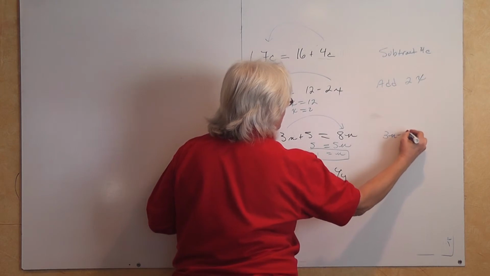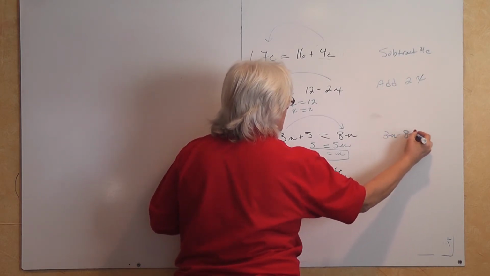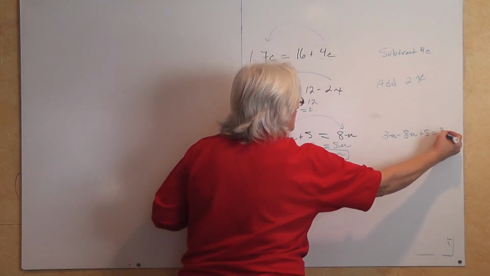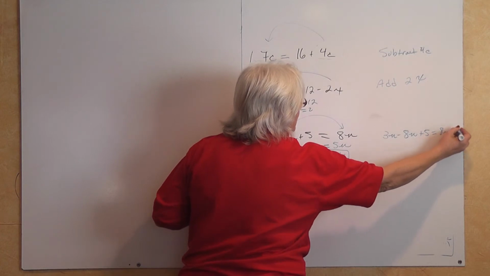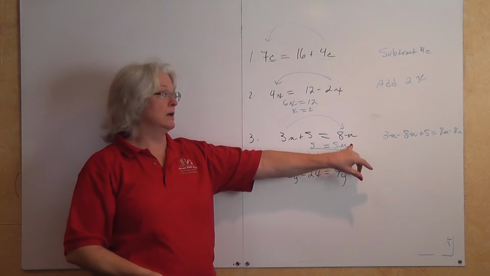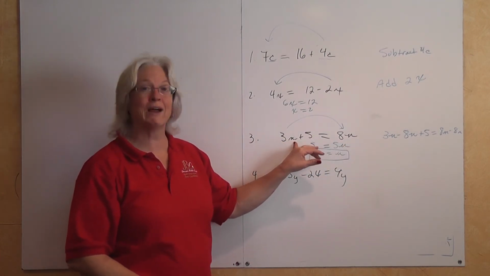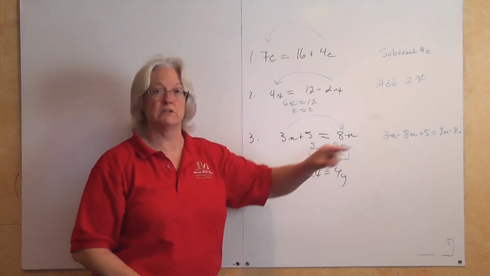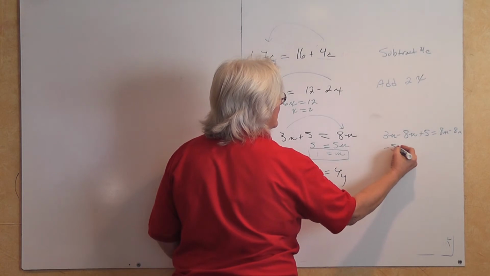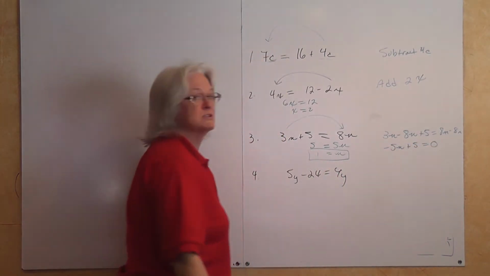Well, we are going to have to subtract 8n from both sides of the equation. 3n minus 8n, we have negative 5n plus 5 is equal to 0.